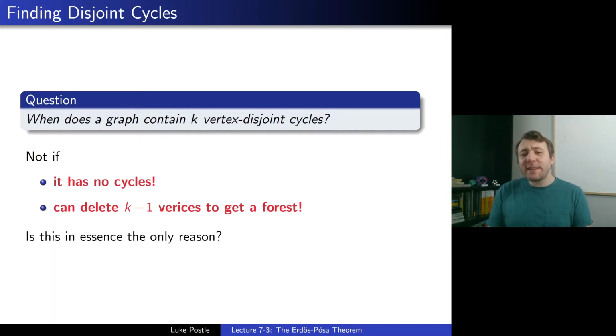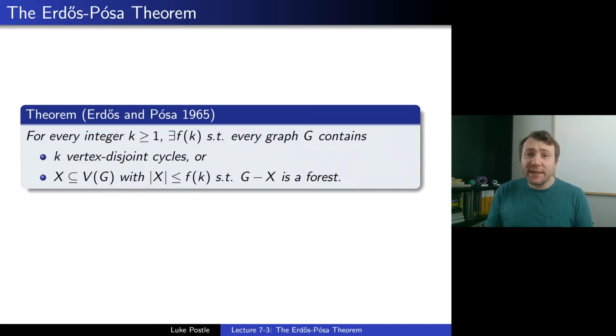And is this, in essence, the only reason? The question we'll be talking about today is whether you're basically close to a forest. And the answer is yes. So this is a famous theorem of Erdos and Posa from 1965, which says that for every integer k at least 1, there exists an f(k) such that every graph G contains k vertex disjoint cycles, or an X subset of V(G) with size of X at most f(k), such that G minus X is a forest.